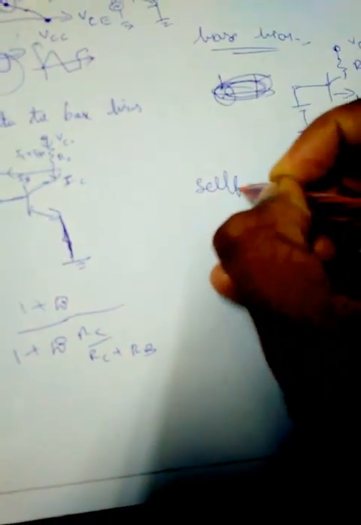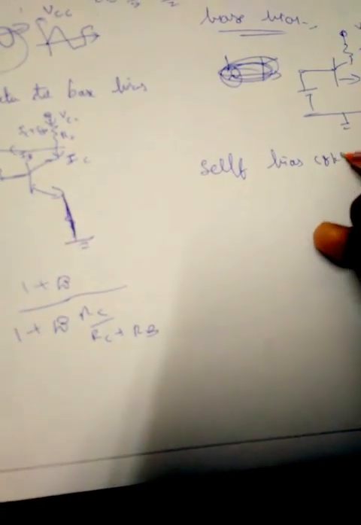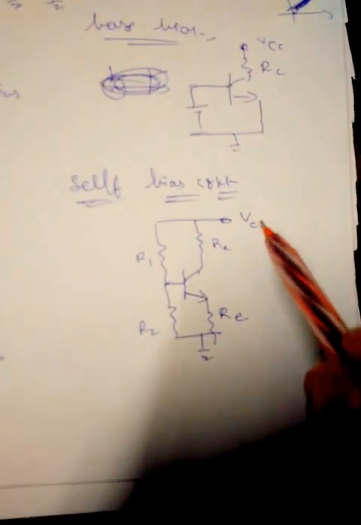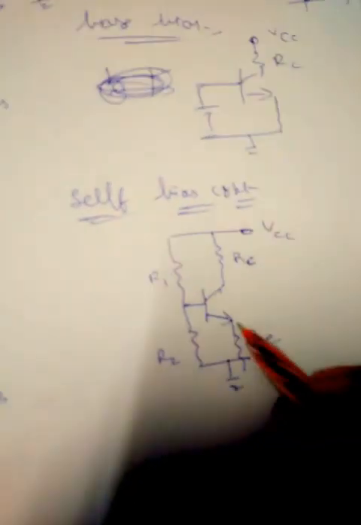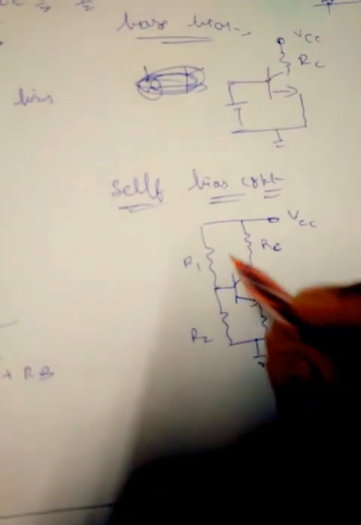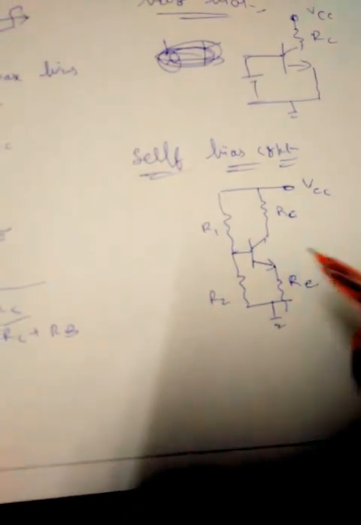Here, the self bias circuit. The self bias circuit looks like this. This is RC, RE, R1, R2. There is a feedback path from the emitter output to the input. So it gives a negative feedback and the output is stabilized.